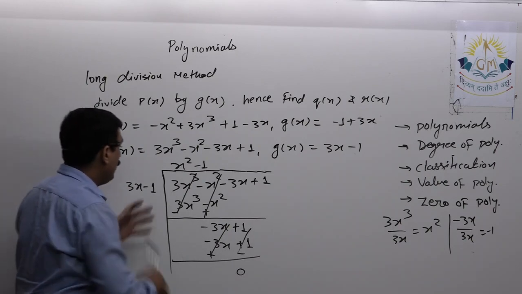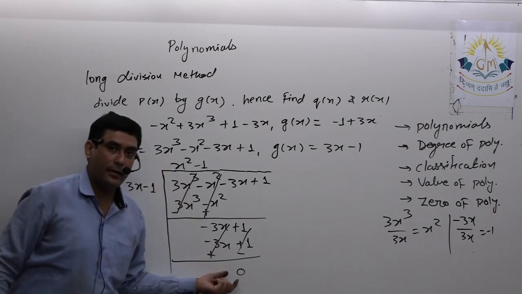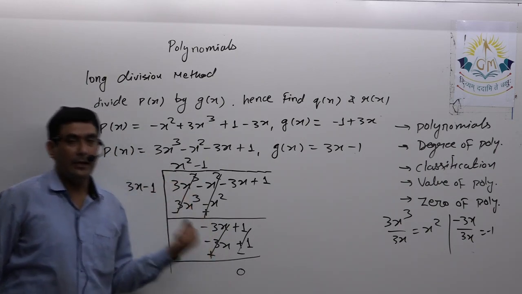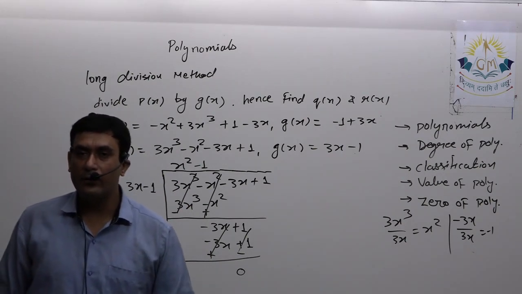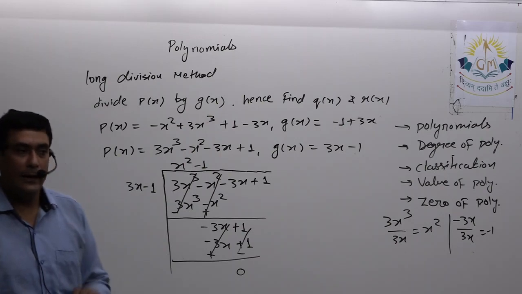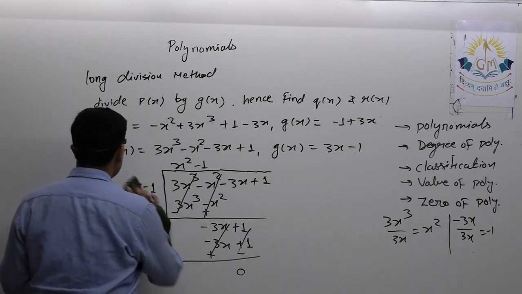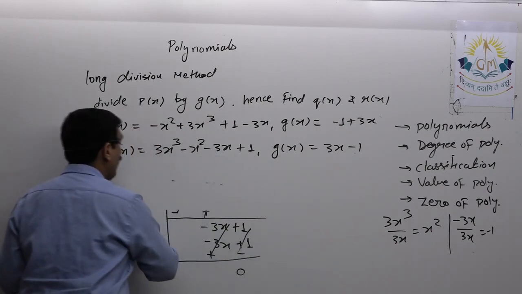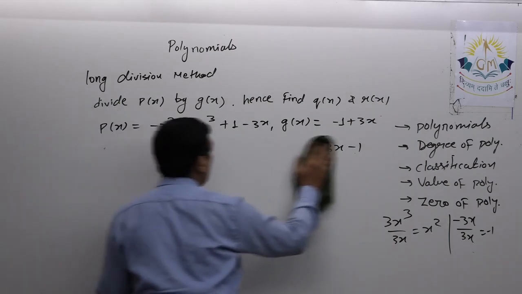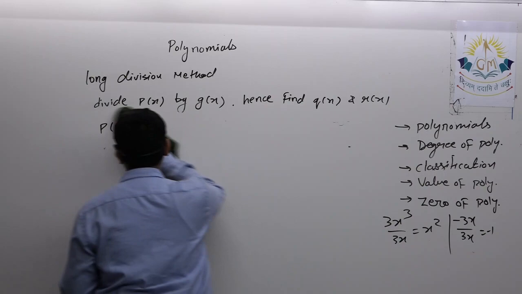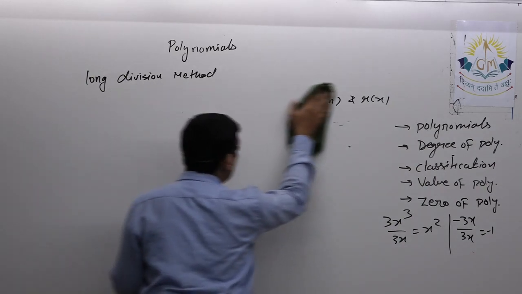Now see, here we got the remainder as 0 by dividing. There is a way by which we can find the remainder without actually dividing, and that is known as the remainder theorem. That means without dividing a polynomial p(x) by another polynomial g(x), we can find the remainder.